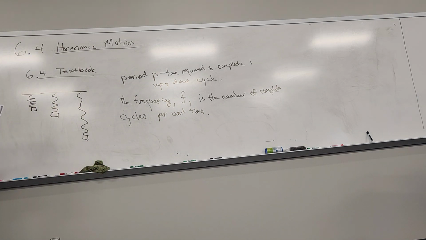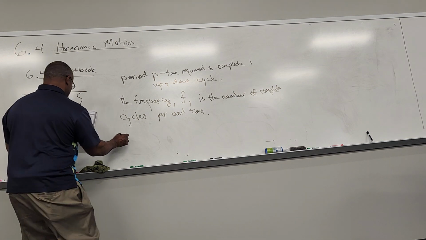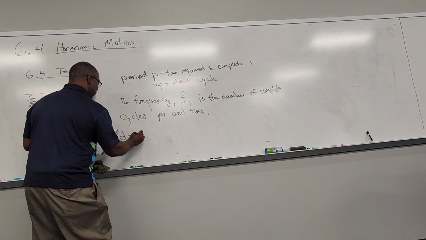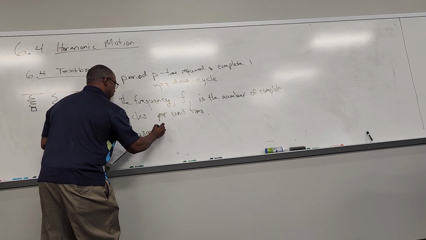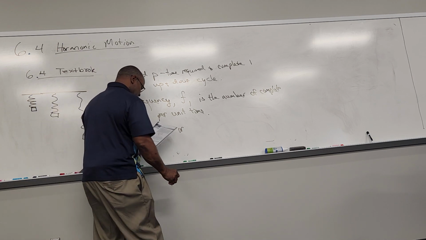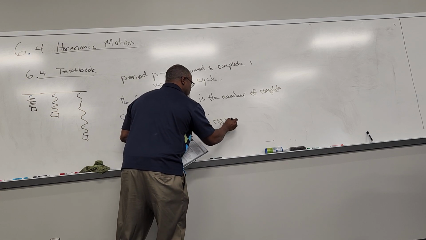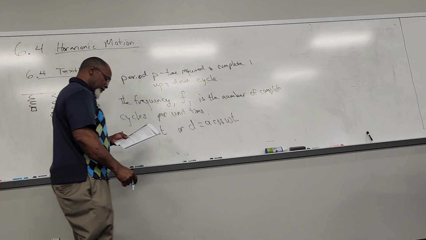And they tell us in this box, simple harmonic motion. It says if the displacement d of an object at time t is given by d equals a sine omega t, or d equals a cosine omega t, all right?